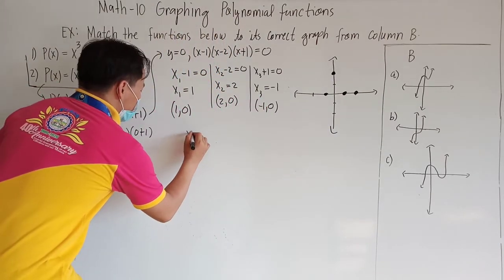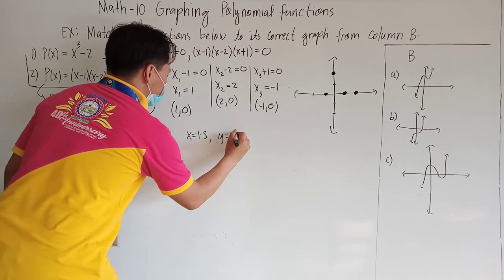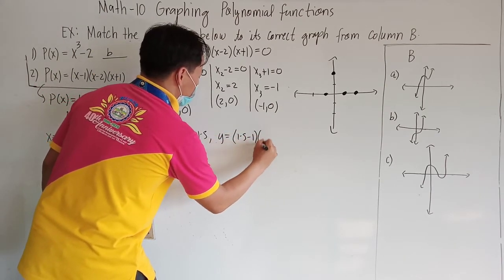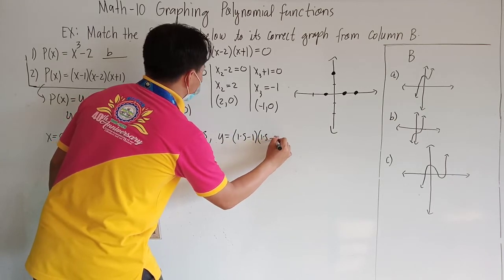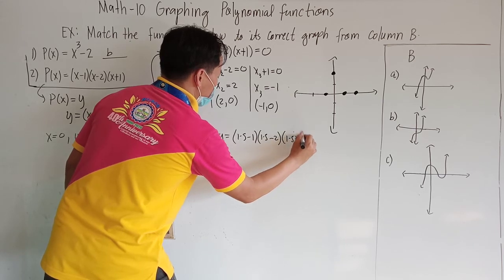So when x is equal to 1.5, y now is equal to 1.5 minus 1 times 1.5 minus 2 times 1.5 plus 1. Okay?